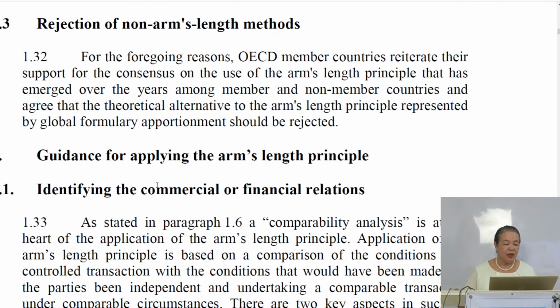No? So, rejection of non-arm's length methods for the foregoing reasons, OECD member countries reiterate their support for the consensus on the use of the arm's length principle. Kaya nga, sabi natin, the arm's length principle is the internationally accepted principle, no? Sa related party transactions, in taxing the related parties transactions.